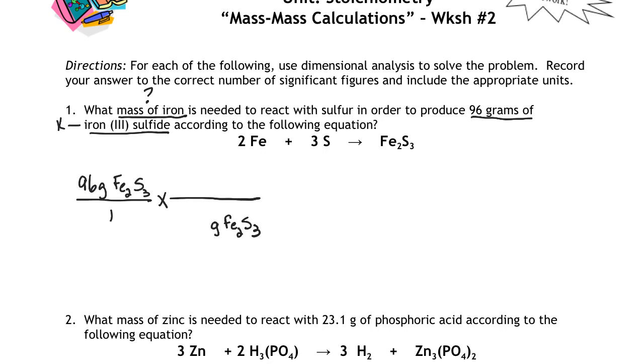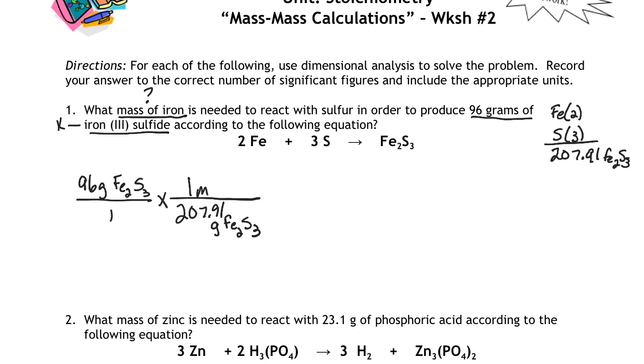To save a little time, I went ahead and did the calculations, but of course you would have the weight of iron times 2 and the weight of sulfur times 3. When you weigh that all together, that's 207.91 according to my calculations, and that's Fe2S3. So I can put that number right down here, so my grams will cancel off.